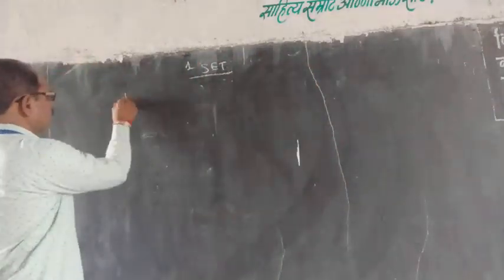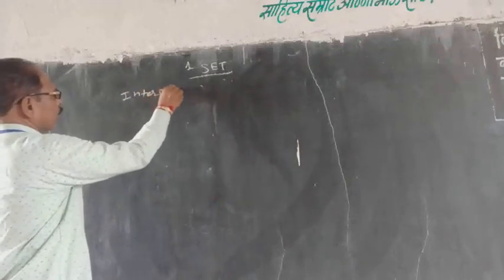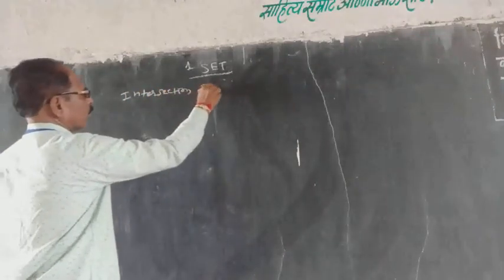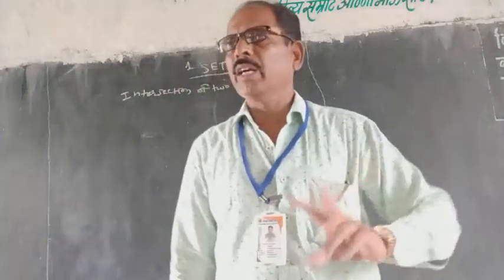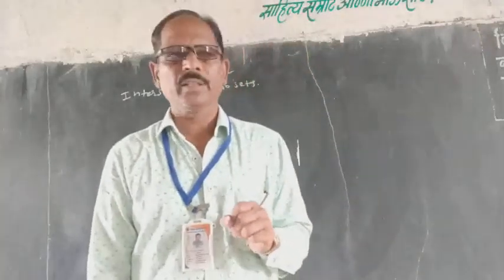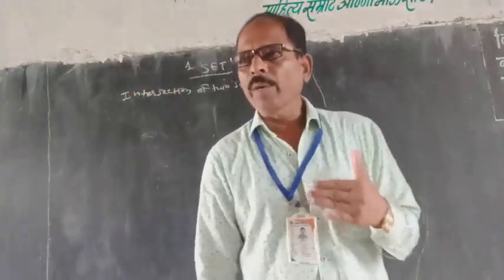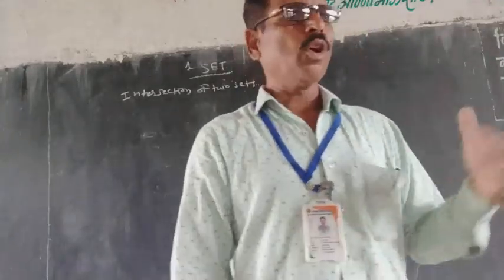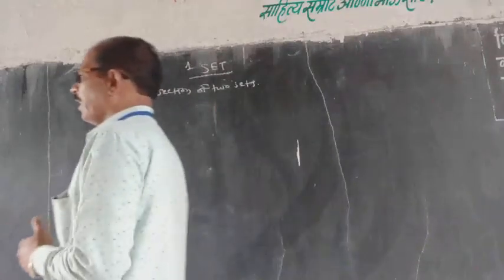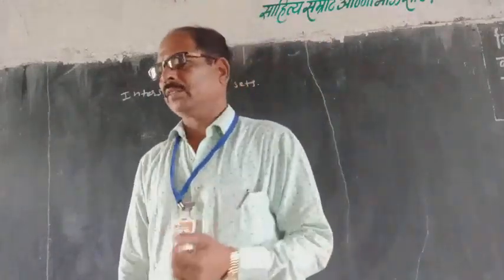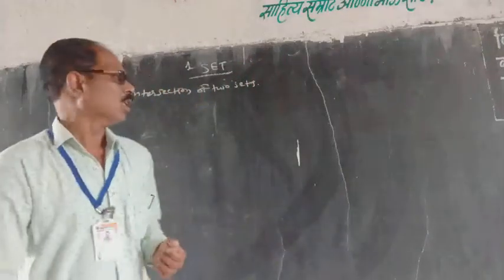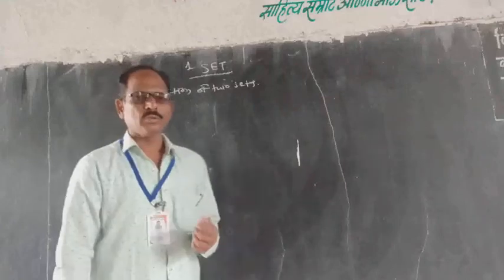Intersection of two sets: if A and B are two given sets, and we take the common elements in both sets and write them in another set, then the common elements are called the intersection set of the two sets.